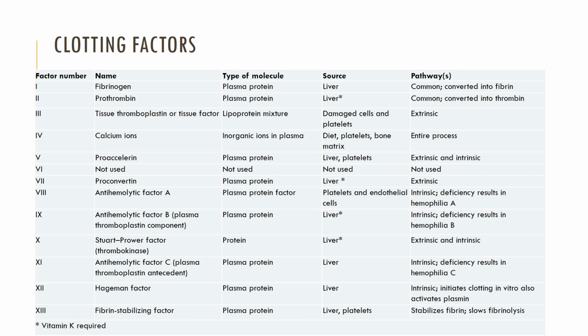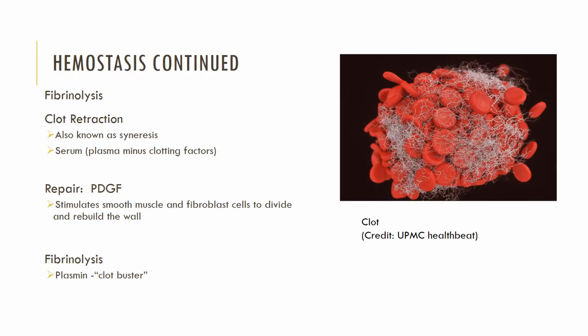All of these are important in blood clotting and repair. The final phases of hemostasis that were talked about are noted here: clot retraction, repair involving PDGF, and finally fibrinolysis.